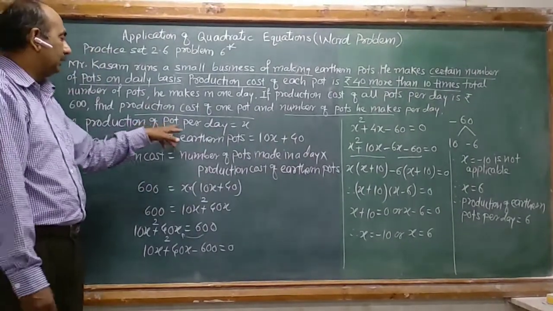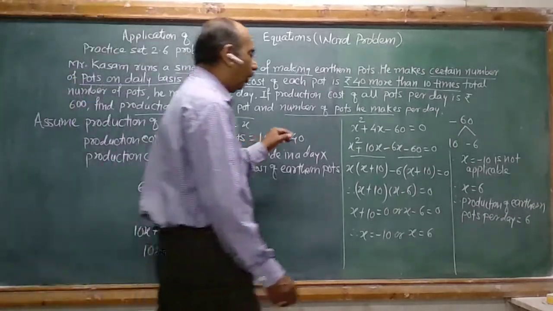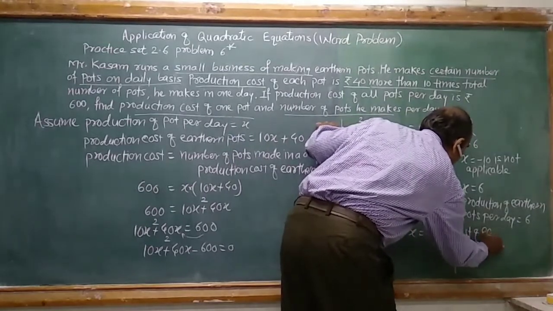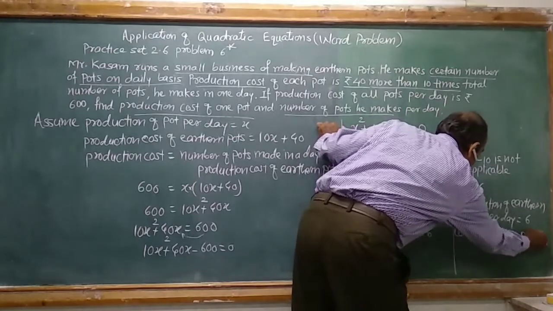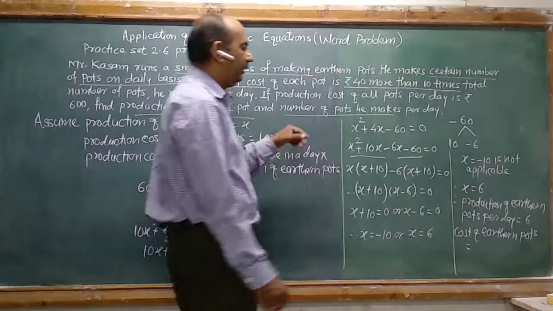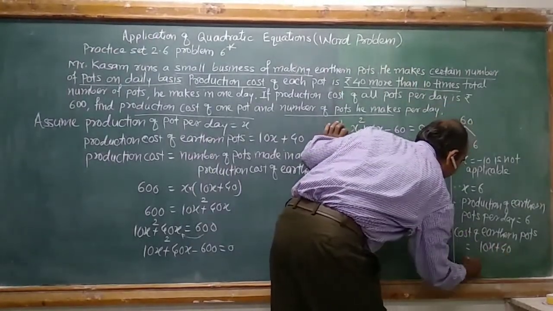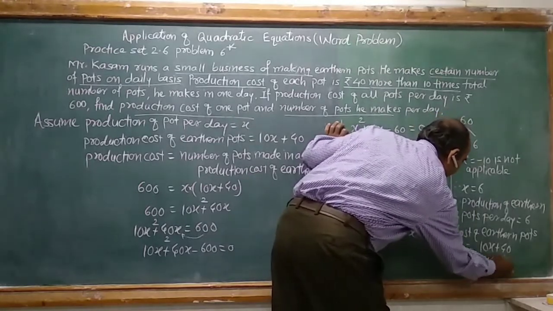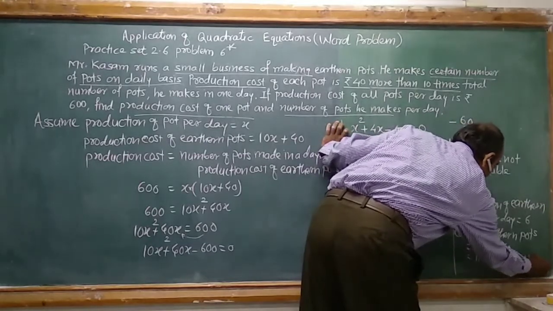Now, production of pots per day is equal to 6, and the cost of the pots is equal to, what is it, 10x plus 40. So 10x plus 40 comes to 10 into 6 plus 40, that is equal to 60 plus 40 is equal to 100.